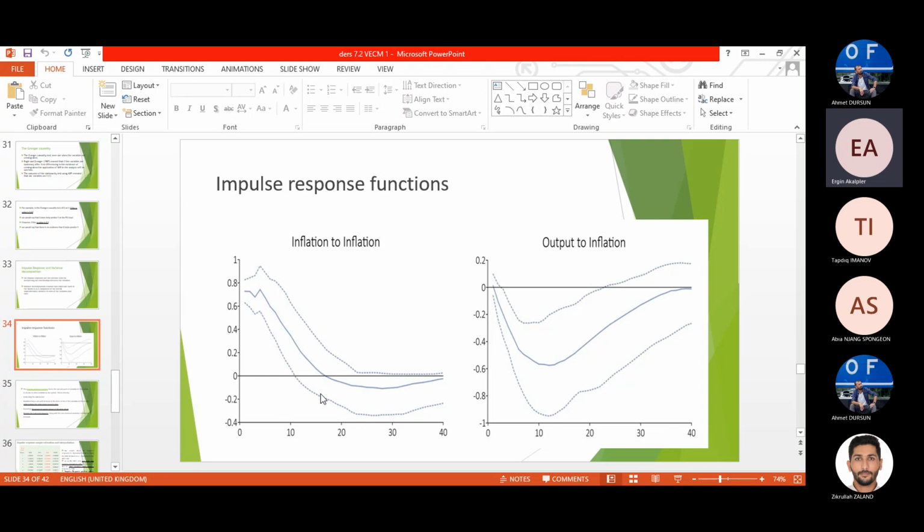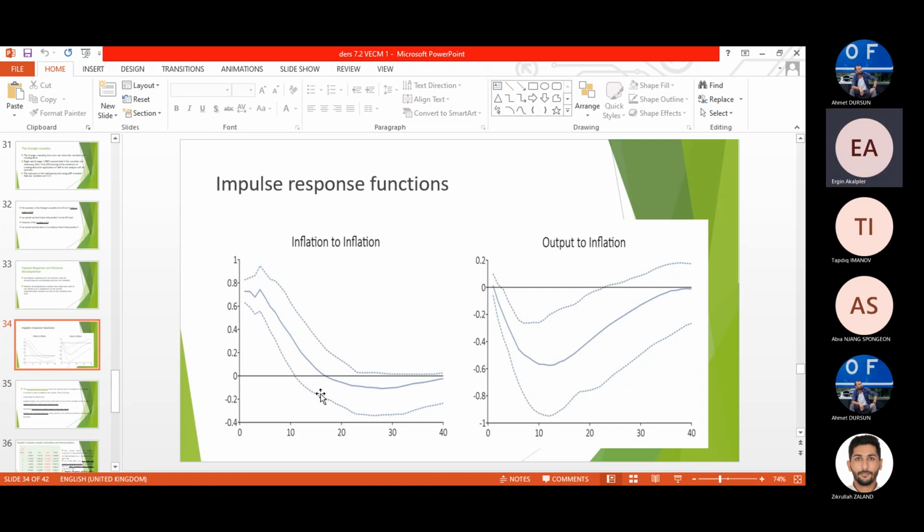And from output to inflation, as you see, the impulse response is moving from negative to positive, and on the left side it is moving from positive to negative, which is explained in the graph and also in the table, for you to understand how it is affecting the impulse response.